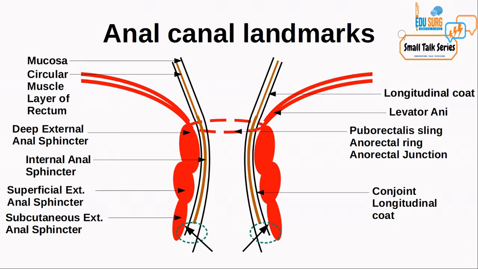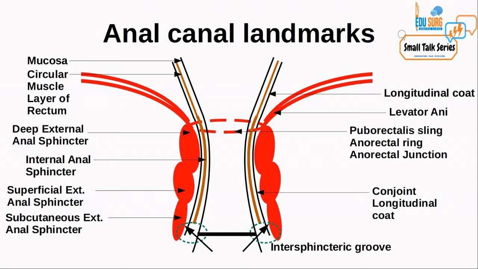This area between the internal and the external anal sphincter, I will repeat, this area between the internal anal sphincter and the external anal sphincter is palpable and is known as the intersphincteric groove. This is a very important part because, if you are aware, intersphincteric resections are now performed, and this is the groove that we need to palpate to identify this plane from the perianal side.